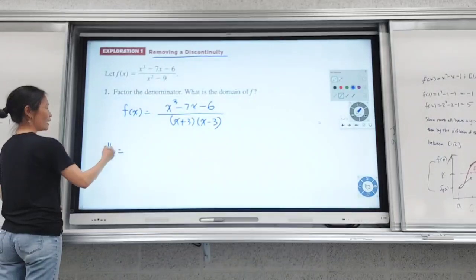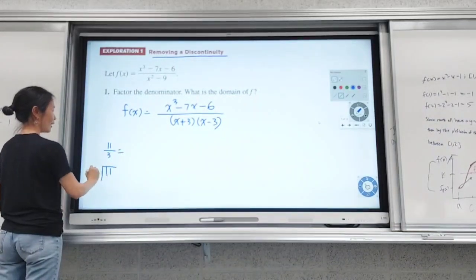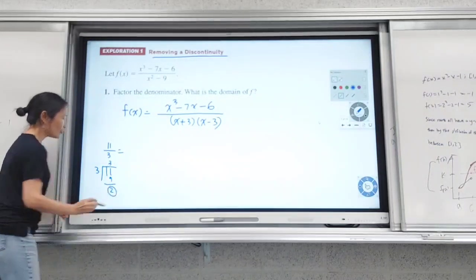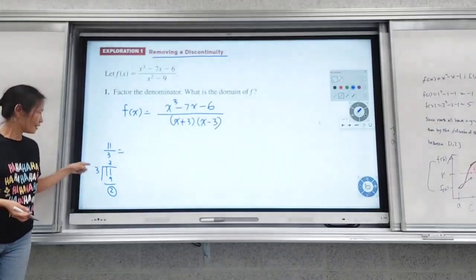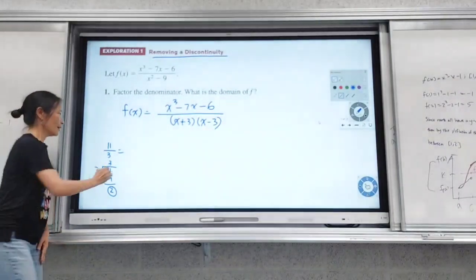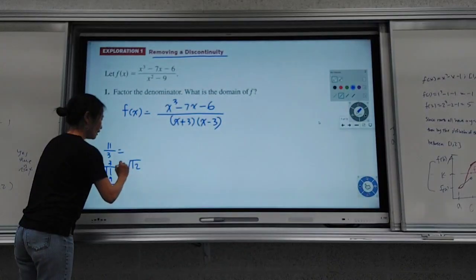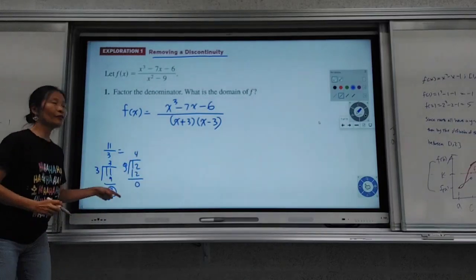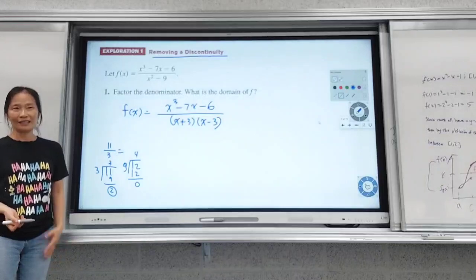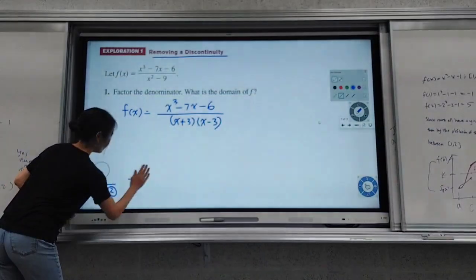If you divide 11 by 3, 2, 6, 3, 9, if you have any remainder, that means it's not a factor. 12 divided by 3, if the remainder is 0, then 3 is the factor. Okay, so we are going to divide.